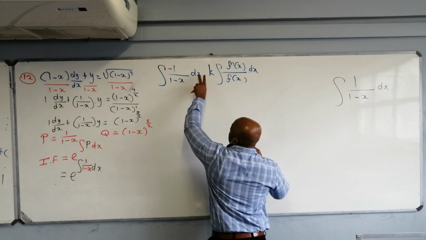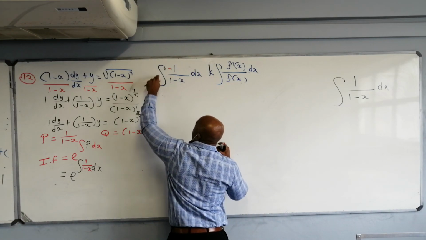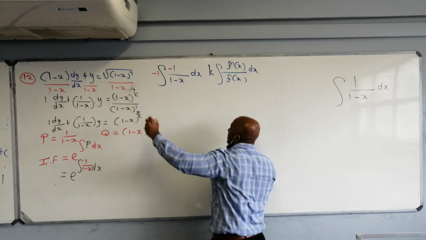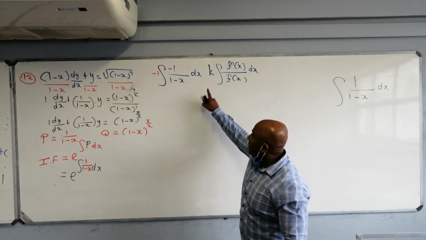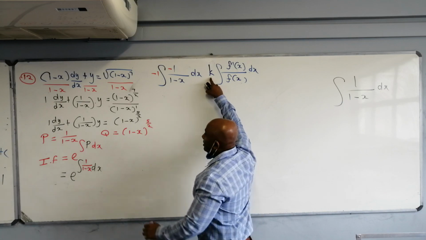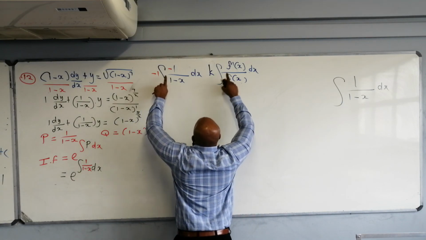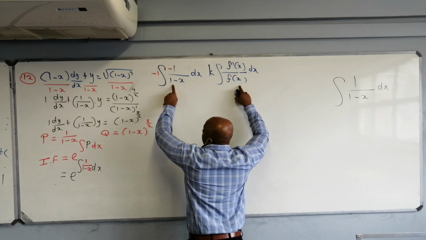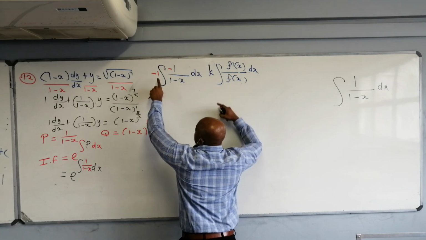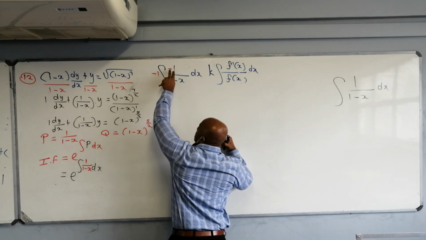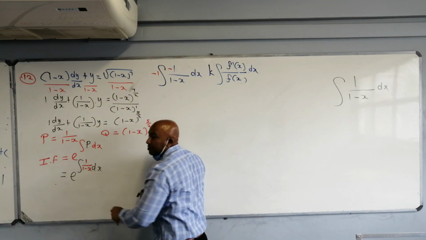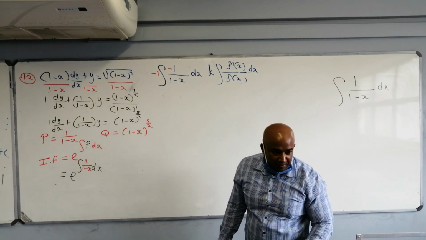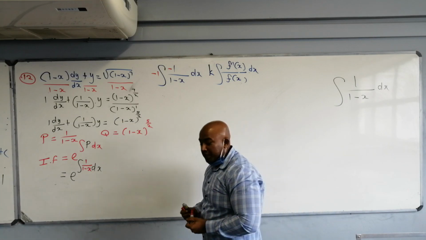Now remember that I need to also divide or multiply in this case. So there's my k, which is minus 1. There's my f prime x, which is also minus 1, and f of x, which is 1 minus x. Why am I doing this? Because a negative times a negative will give you the original positive 1 which was there. That's how you do inspection.